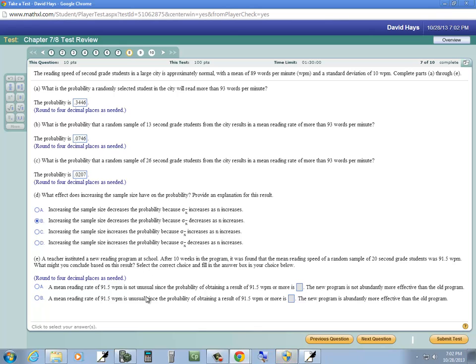A teacher instituted a new reading program. After 10 weeks, she found that the mean reading rate of a sample of 20 second grade students was 91.5. What might you conclude based upon this result? A mean reading rate of 91.5 is not unusual since the probability of obtaining a result of 91.5 or more.